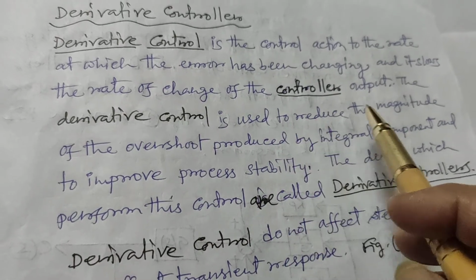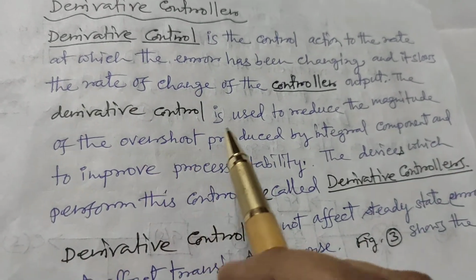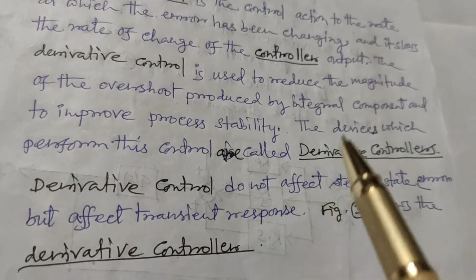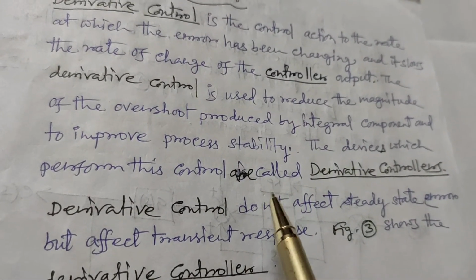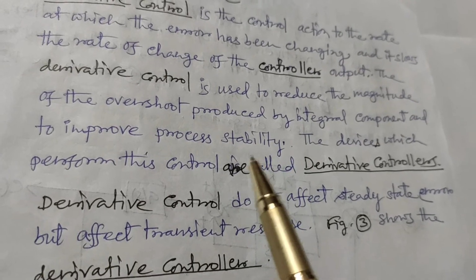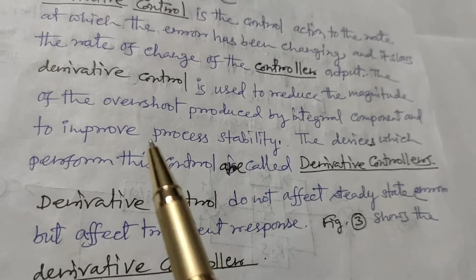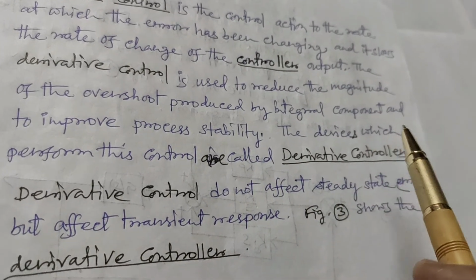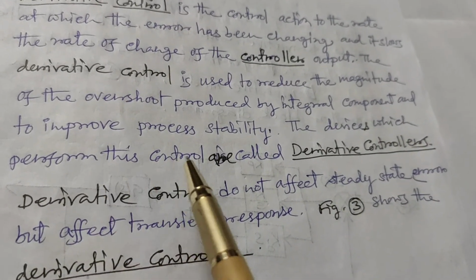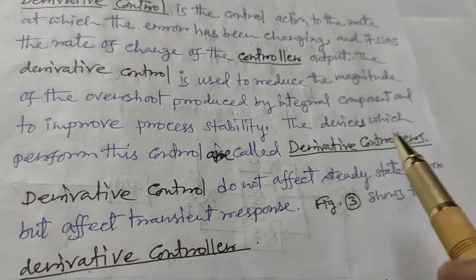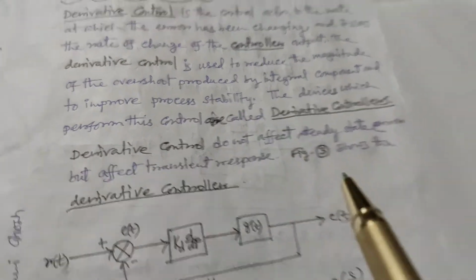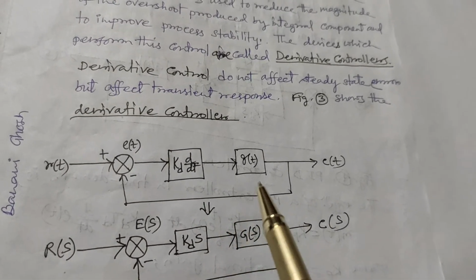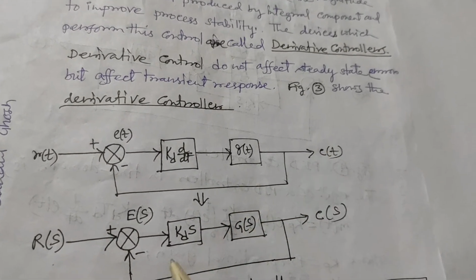The derivative control is used to reduce the magnitude of the overshoot, which you know from second order systems, and to improve process stability. The devices which perform this control action are called derivative controllers, and the action is called derivative control.